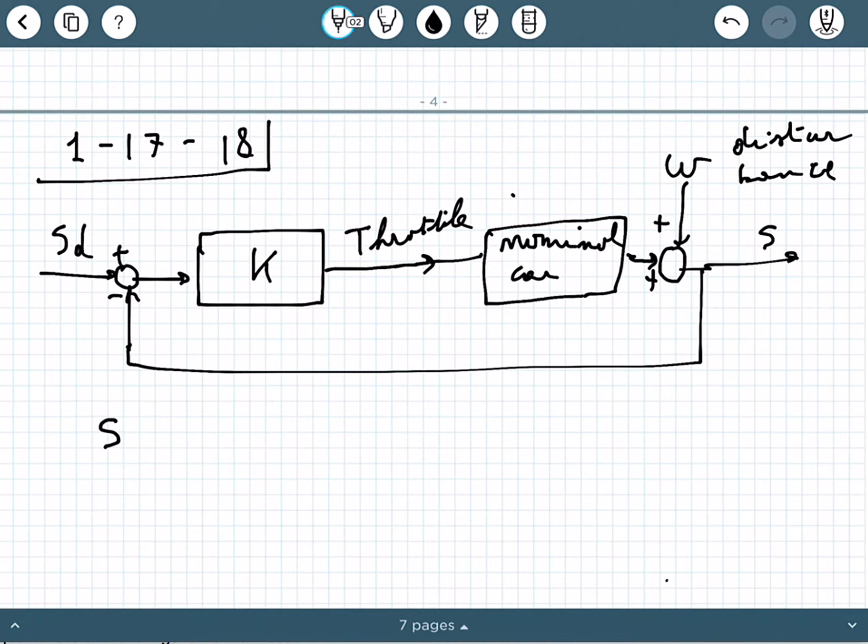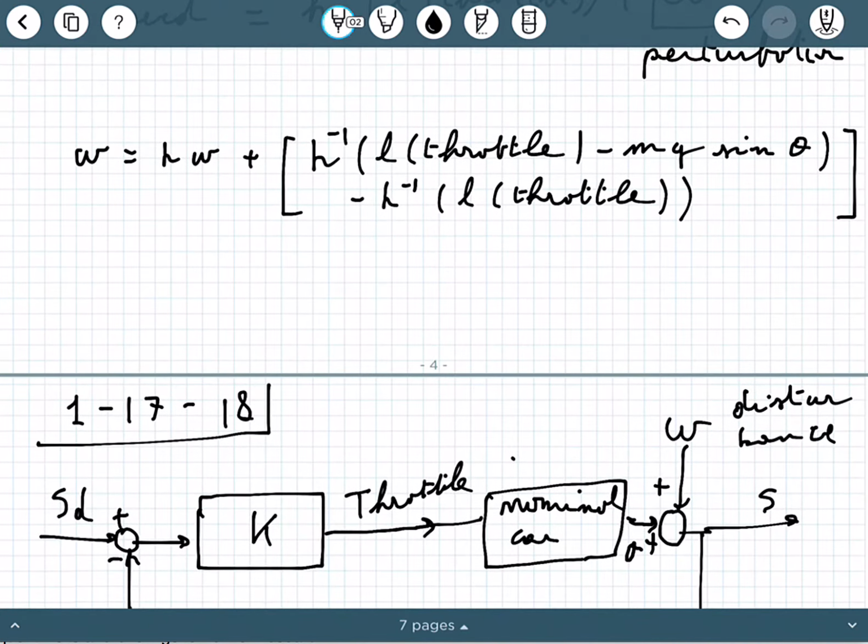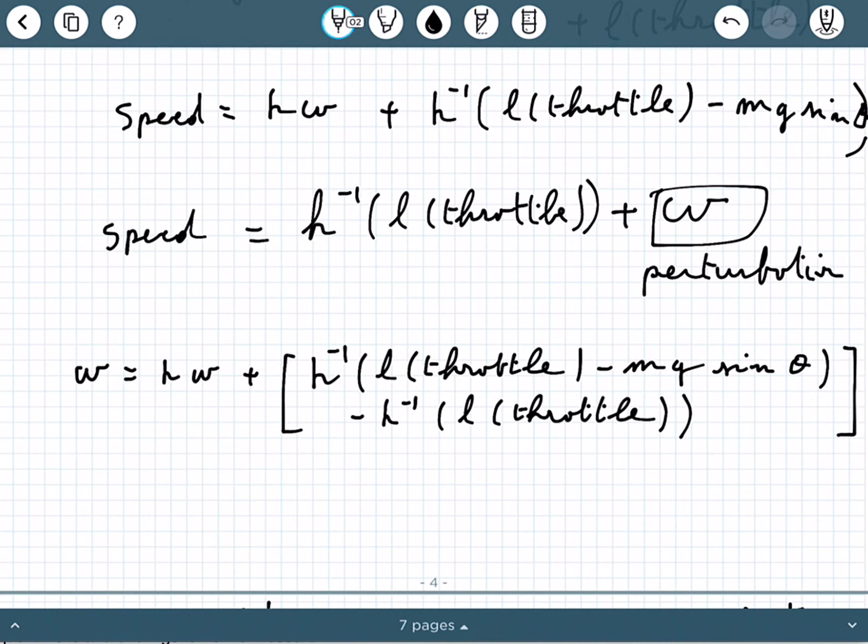So we write that S is equal to the nominal car output, which we haven't given a name yet, but maybe we could call it O. So S would be equal to O plus W. Now, O is equal to, in the notation that we have chosen, H inverse L of the throttle.